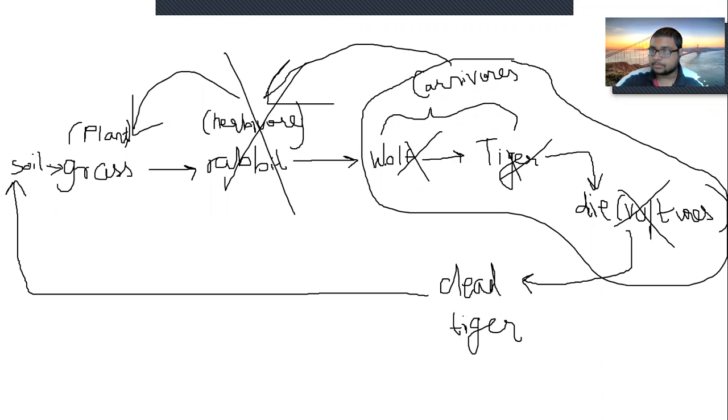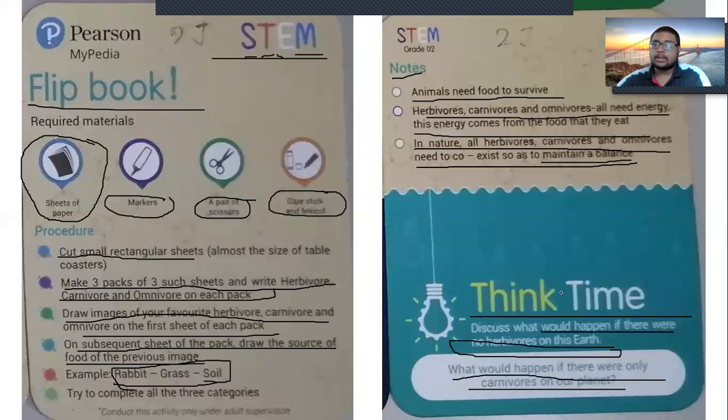Tiger is stronger than wolf. So this tiger will eat all of those wolves, and after all of the wolves are dead, there is nothing for the tiger to eat. Hence they will also die in the end, in a very short time. That would happen if there were only carnivores on our planet.